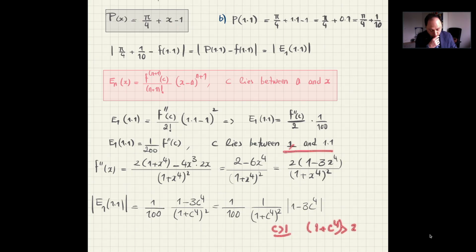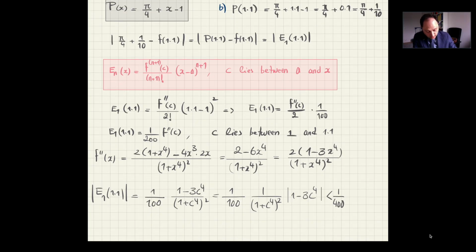If I square it, it becomes greater than 4. If I do the reciprocal, this means that 1 over 1 plus c to the 4, to the 2 is less than 1 over 4. So I hope that I could convince you that under this condition, this part at least is less than 1 over 4. So this becomes definitely less than 1 over 400.